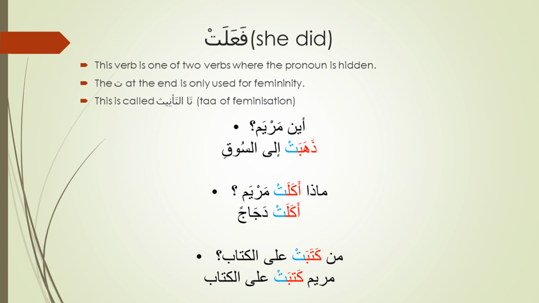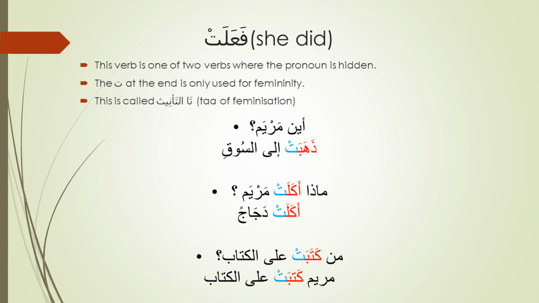Okay, so someone else asked about the hidden pronoun. Let me go back to the full scale. Every single one of these is increased by a letter or two. And it's only hidden in two forms. He did, she did. Okay? So fa'ala are just the root letters.